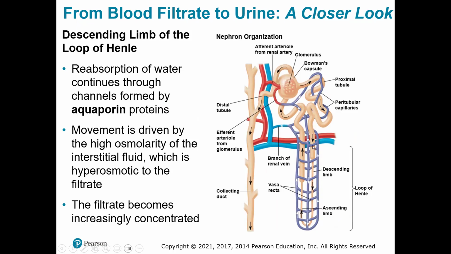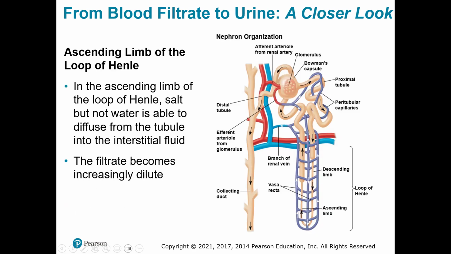When water gets reabsorbed, that means it goes out of the tubule and back into the bloodstream, which means that when there's more water being reabsorbed, the concentration gets higher and higher until it reaches the tip of the loop of Henle. So the tip is the highest concentration of filtrate at that point.